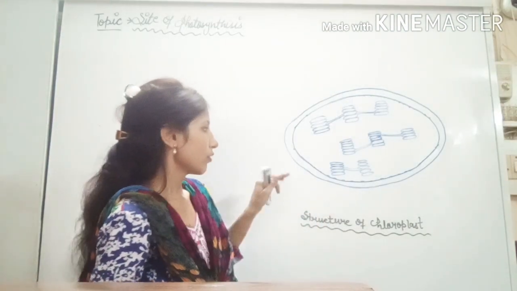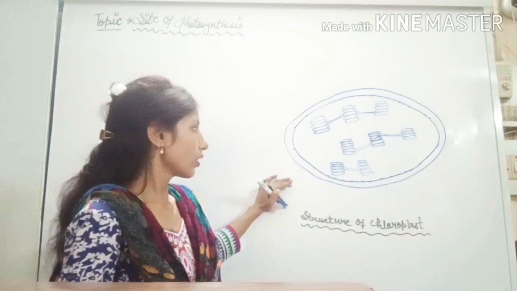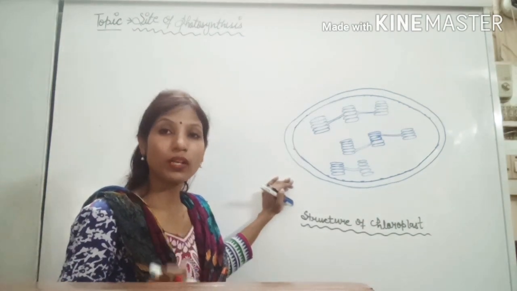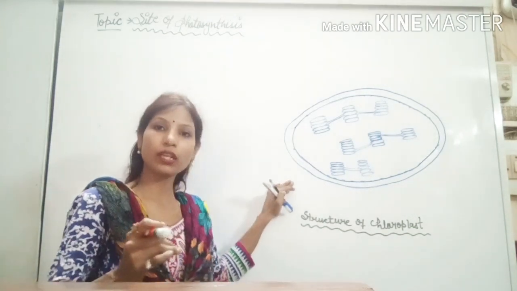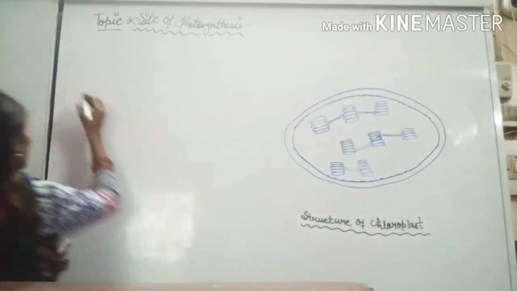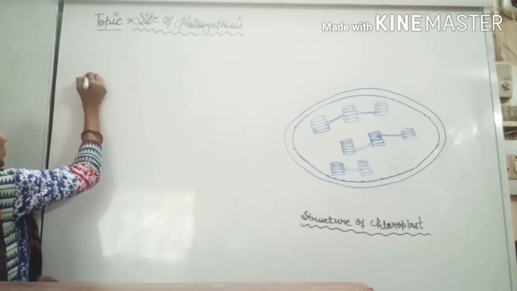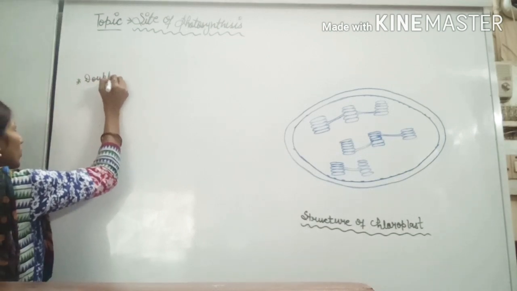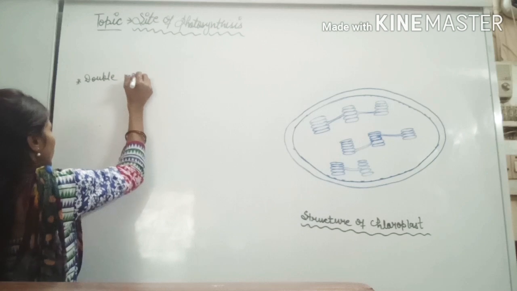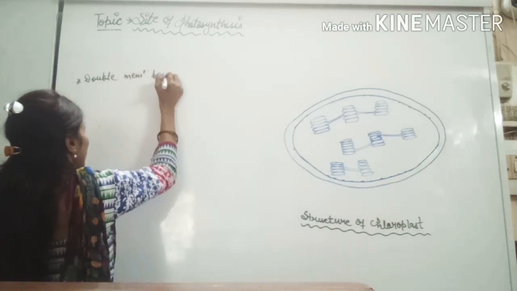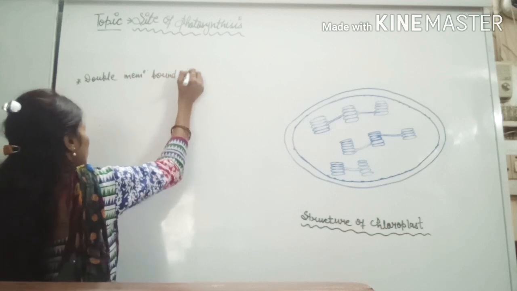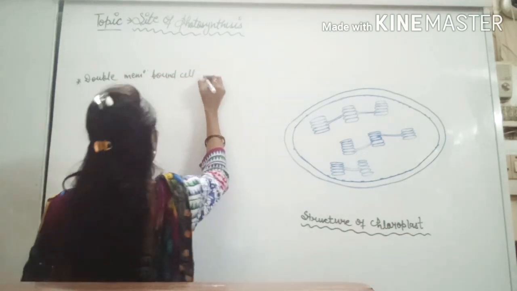First of all, the chloroplast is a double membrane bound cell organelle. What kind of cell organelle is it? It is a double membrane bound cell organelle.